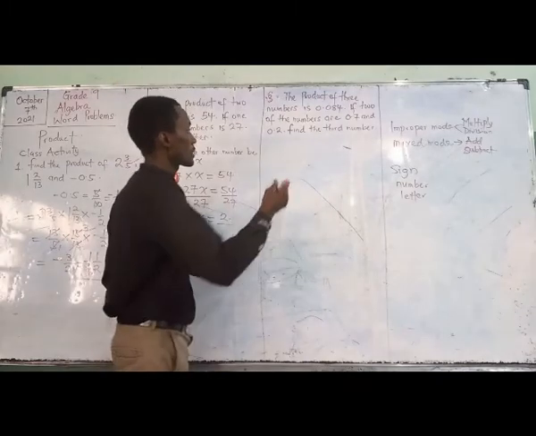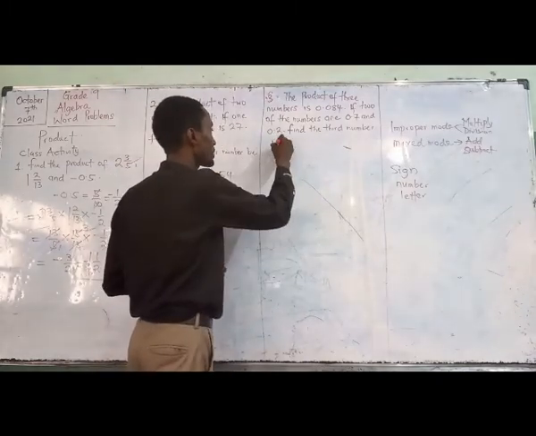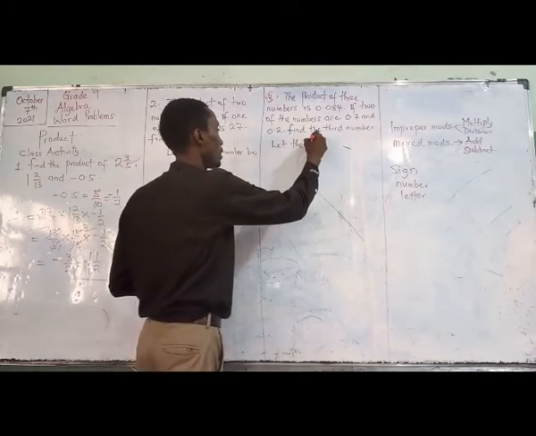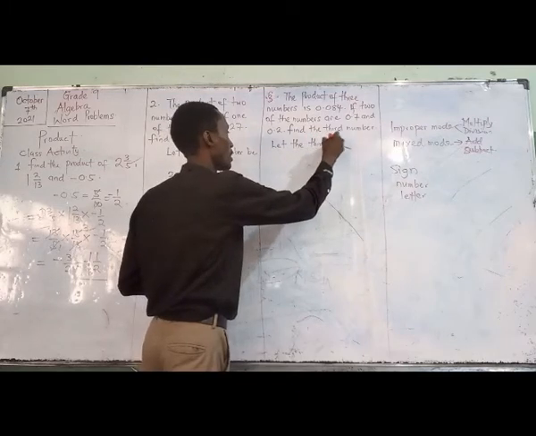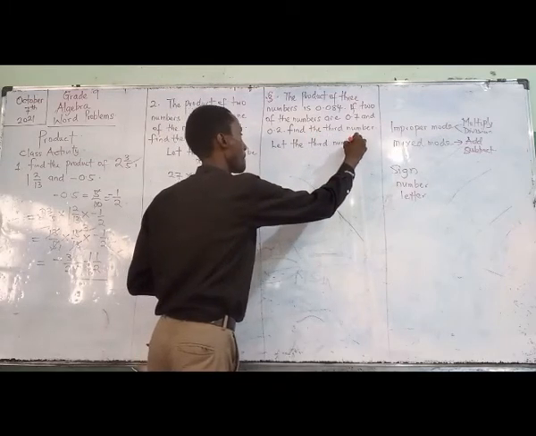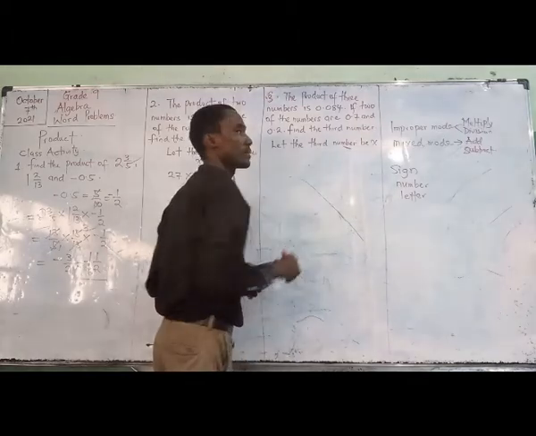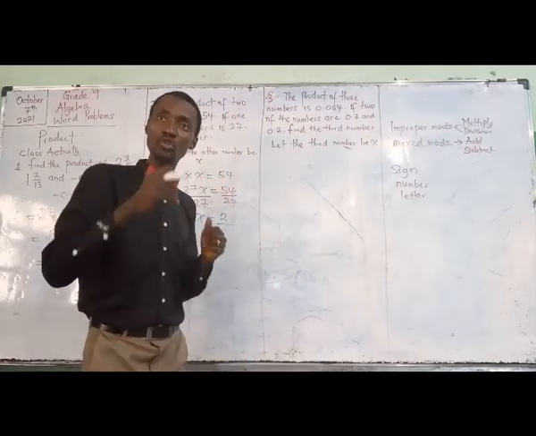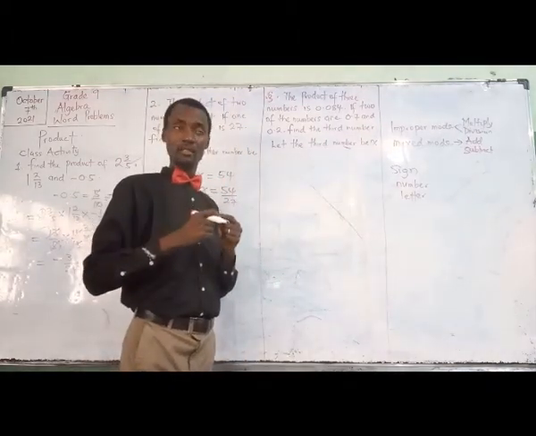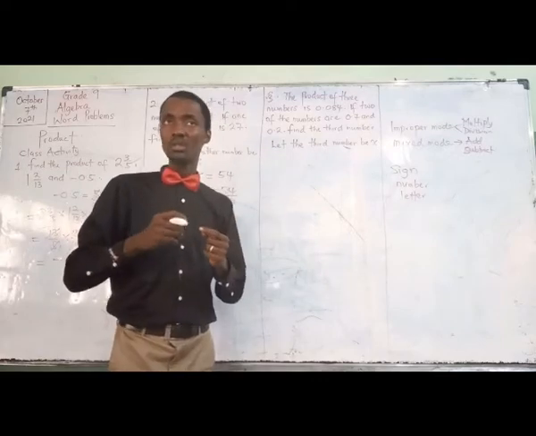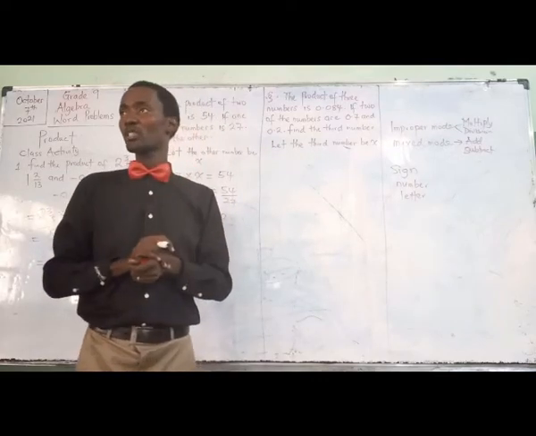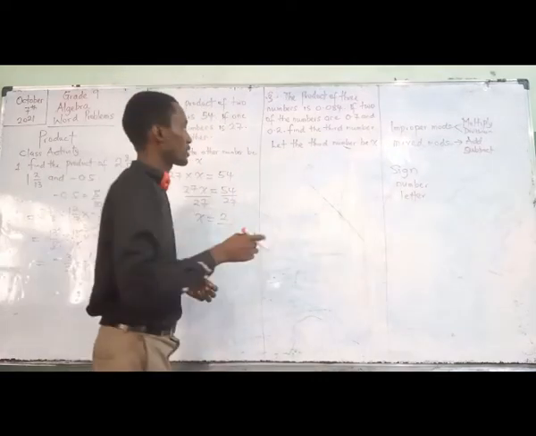So look at this. I'll simply say let the third number be x. Here I'm trying to introduce you to the concept of translating statements to mathematical words and statements, as it were.